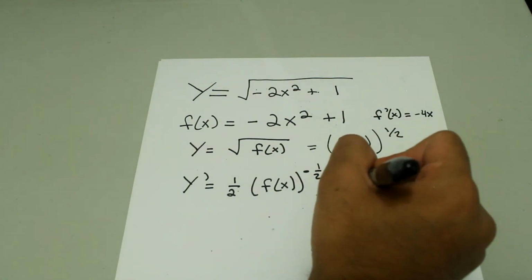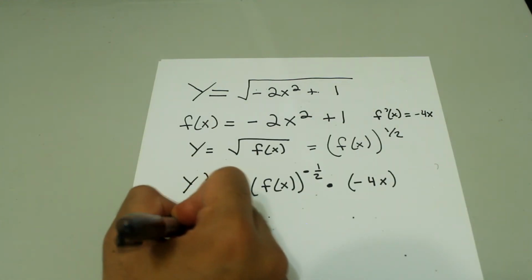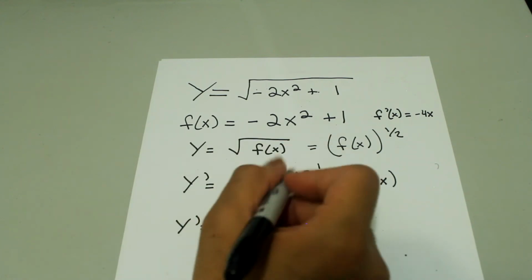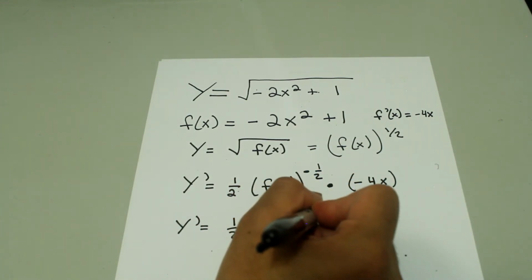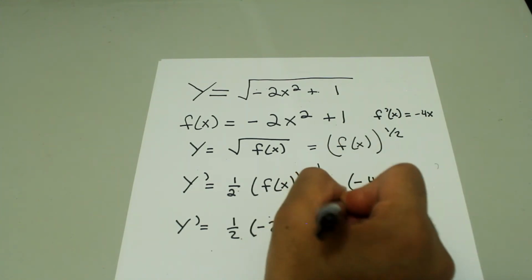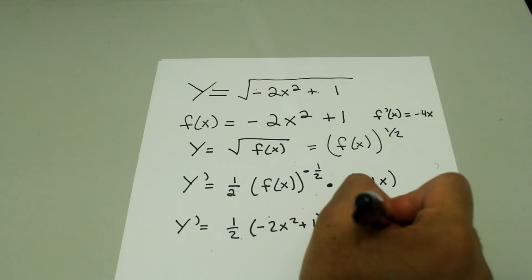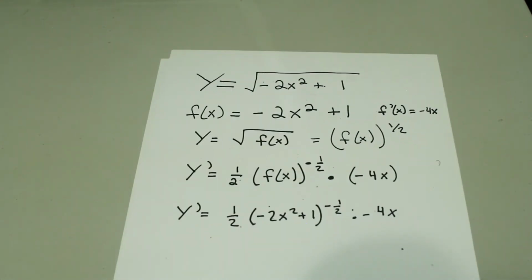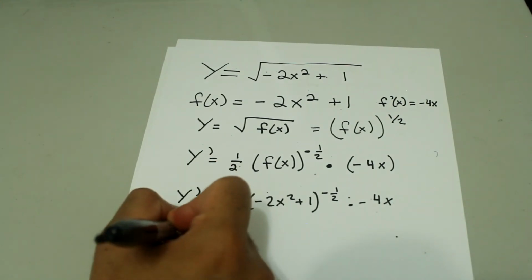Multiply this by negative 4x, and now we can go ahead and replace f of x with negative 2x squared plus 1 raised to the negative half power times negative 4x. But we don't like leaving negative exponents, so what we'll do is just rewrite it.